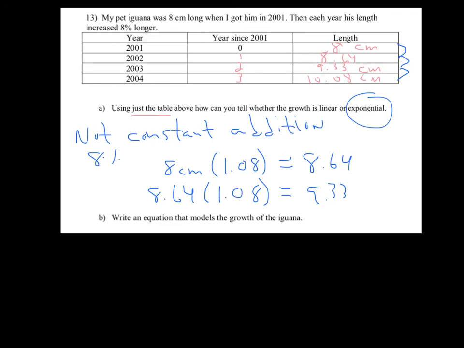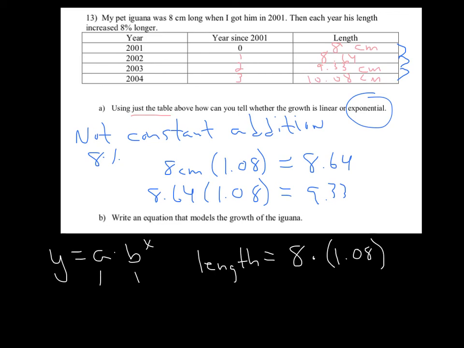Since this is exponential then, my equation is going to look like y equals a times b to the x, where a is my initial value again from that screen earlier on, and b is my constant ratio. So length, my y value, is equal to the original length times, and now this is the tricky part, 1.08 raised to the x, because the rate of growth is 108%.